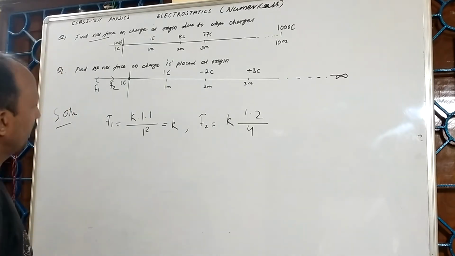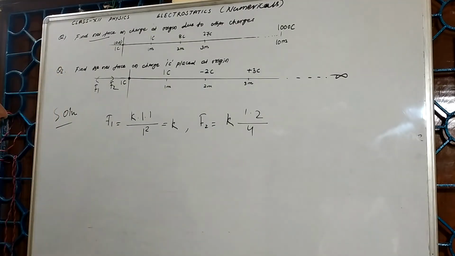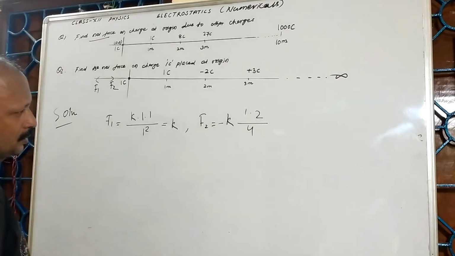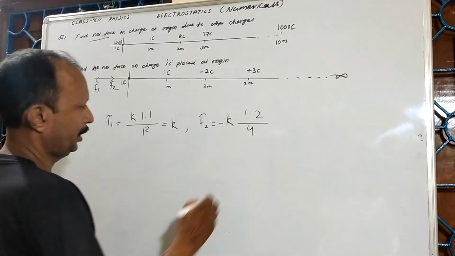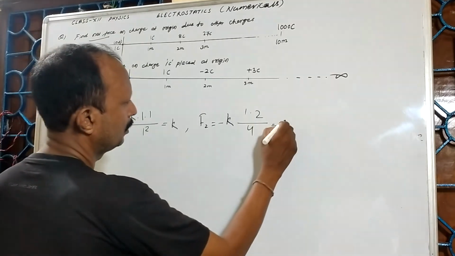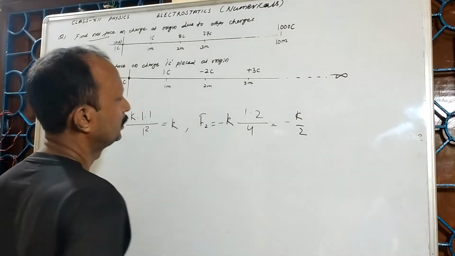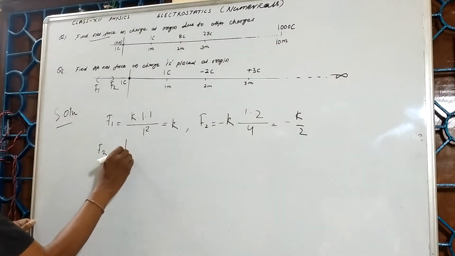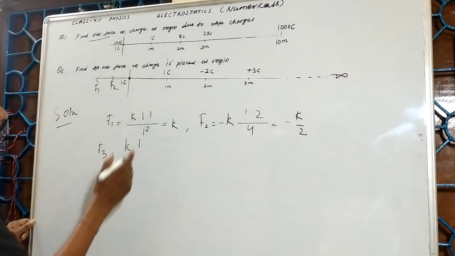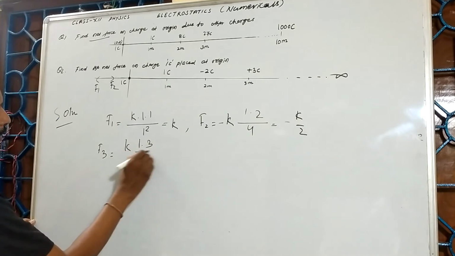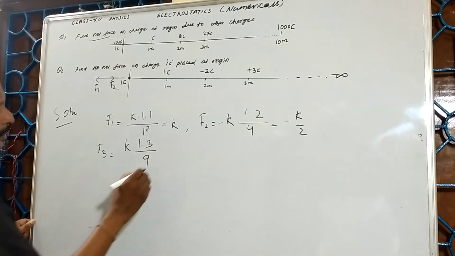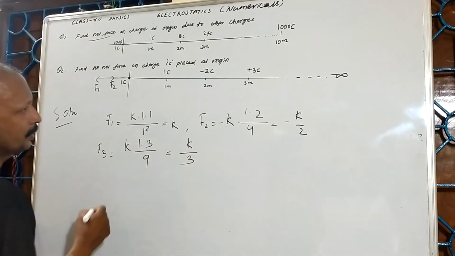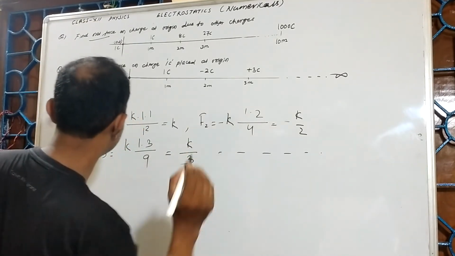In this case I take this as minus, so I can say that this is minus K by 2. Similarly, suppose F3, this is K into 1 into plus 3 divided by 9. That means this is equal to K by 3, like this.